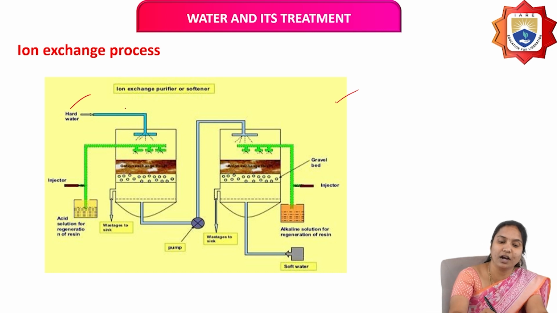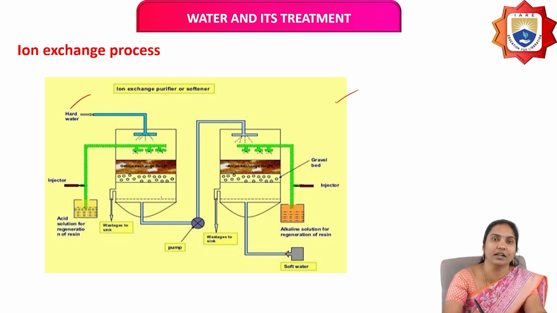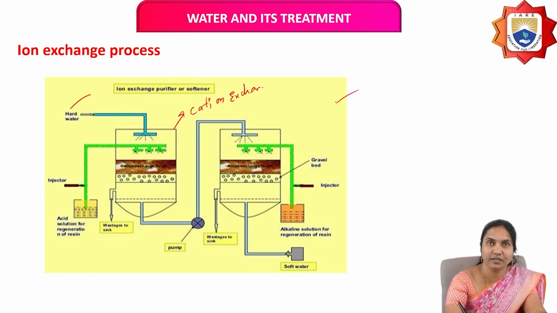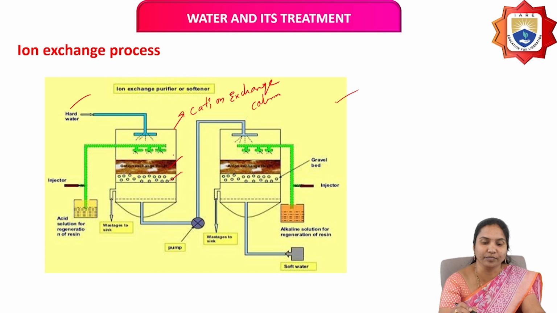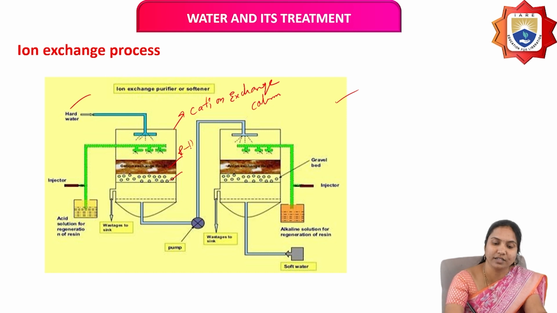When we pass this hard water, it first passes into this cation exchange column. In this cation exchange column, there is a gravel bed, and also cation exchange resin is present. The symbol is RH.